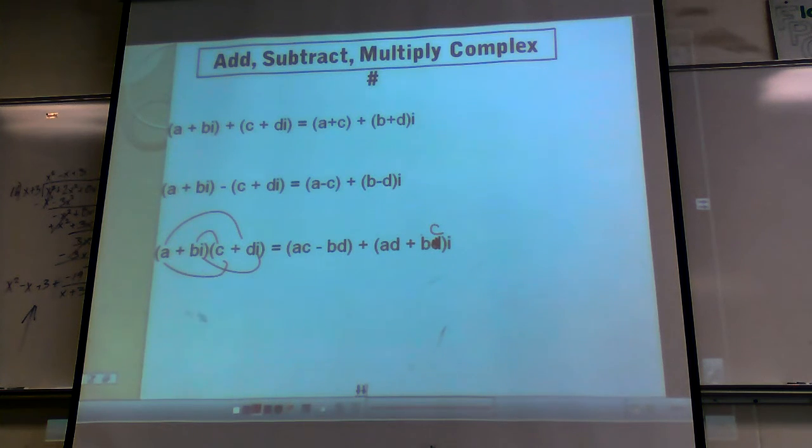In terms of multiplying, you've got ac plus cbi, plus ad, plus bdi squared. Okay? If you FOIL it out, the i squared becomes -1. That's why it's minus bd. cb and ad are right there, and the ac is right there. Okay.